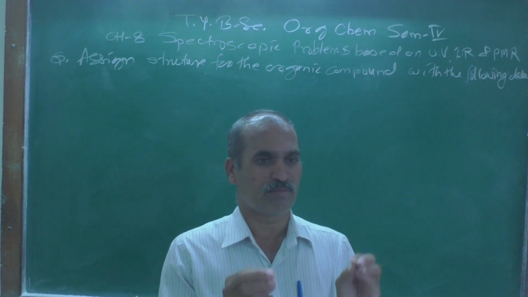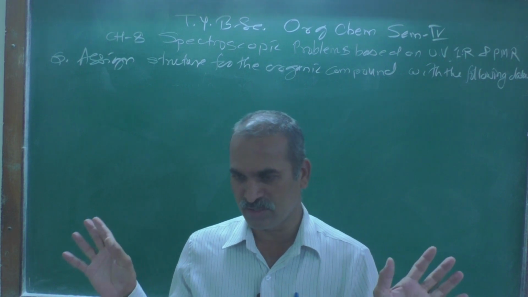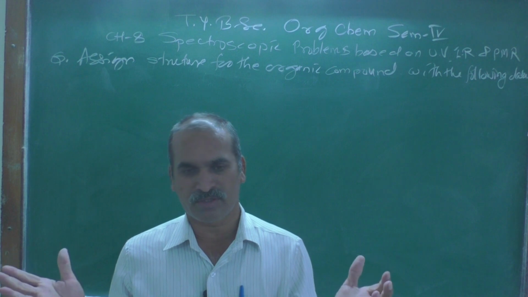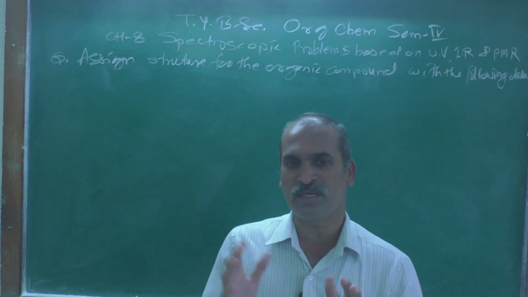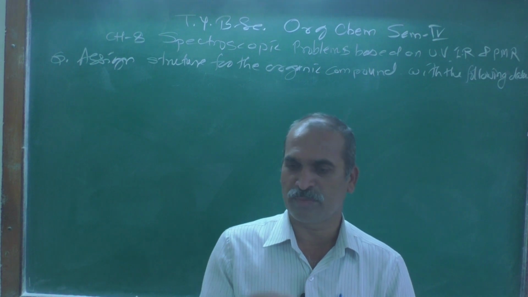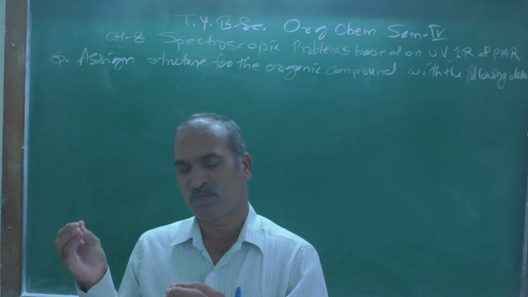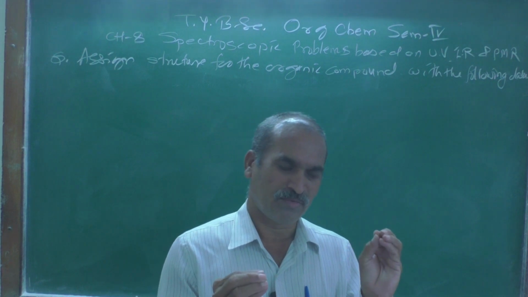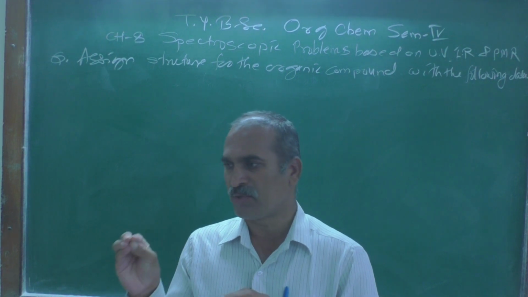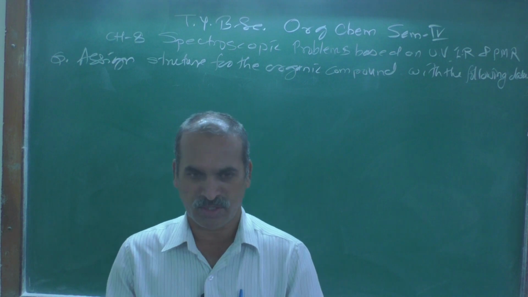We are getting information regarding the functional group. There are different functional groups available in the organic compound, and by using this spectroscopic method, we can quickly and very easily identify the functional group.